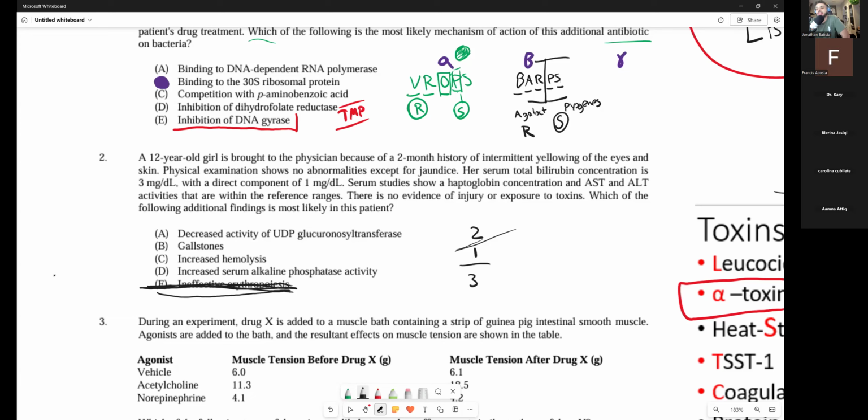Let's see. D says increased serum alk phos activity. It's mild, so I think it's Gilbert. Yeah, I would have to say here, guys, the pathophysiology of Gilbert, remember, is some kind of partial deficiency of UDP glucuronosyltransferase.